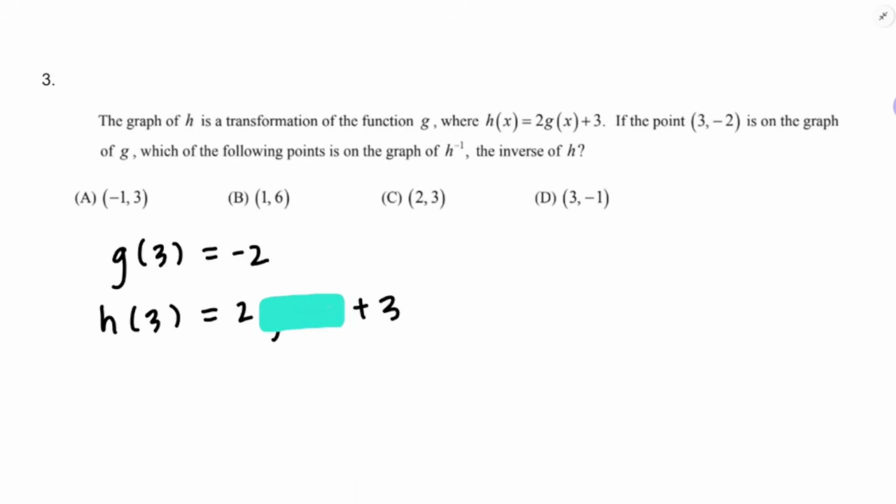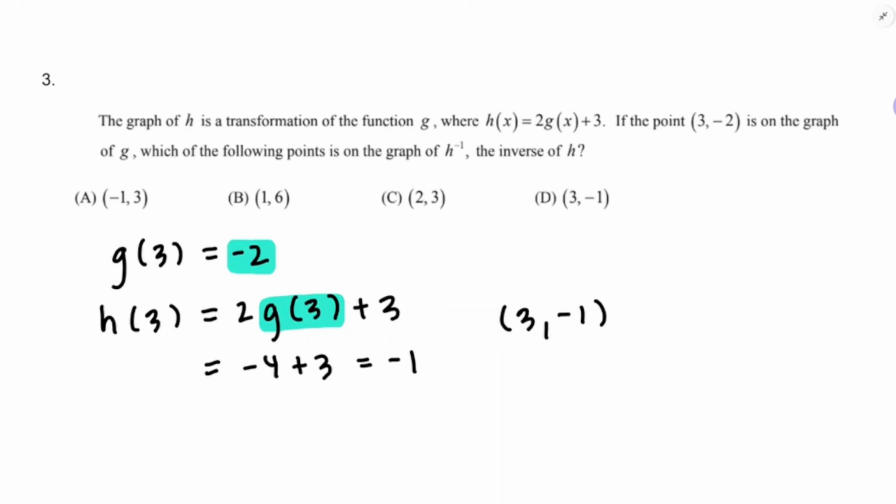So 2 times negative 2 is negative 4, plus 3 is going to equal negative 1. Then that tells me that on the graph of h, I've got (3, negative 1).